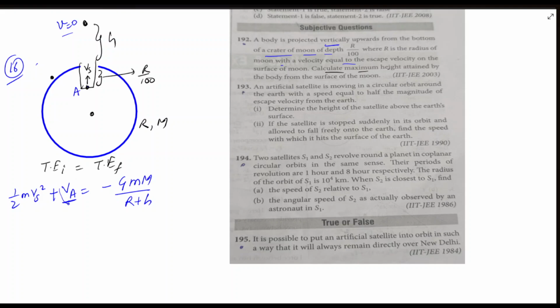Now V_A we have to write. Just think for a second how we'll write V_A. This is the first question we're discussing where we have to write the potential inside the moon, right? Just think for a second what will be the potential at a depth R by 100, right?